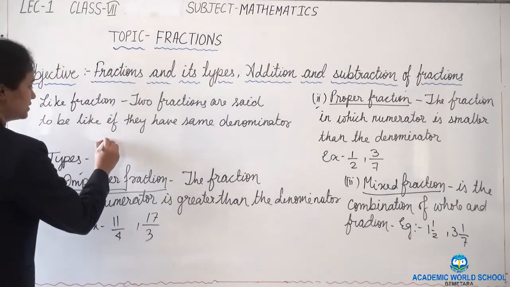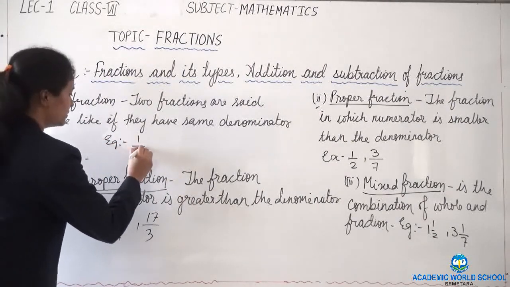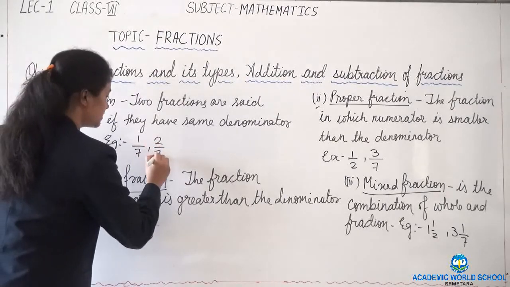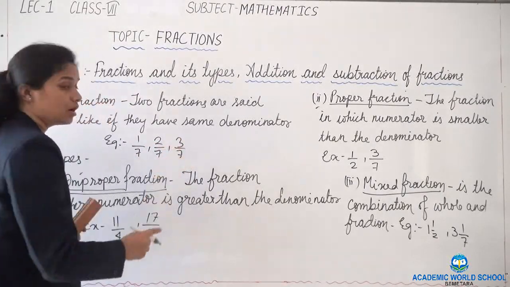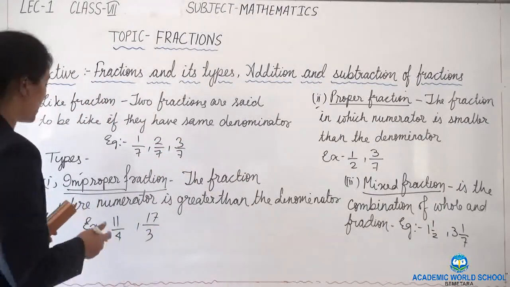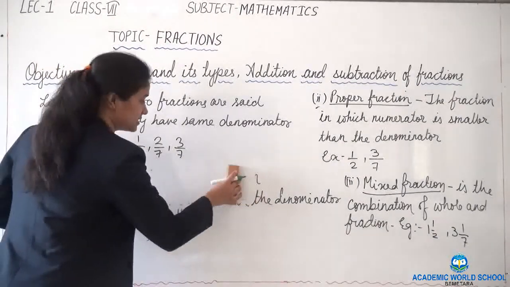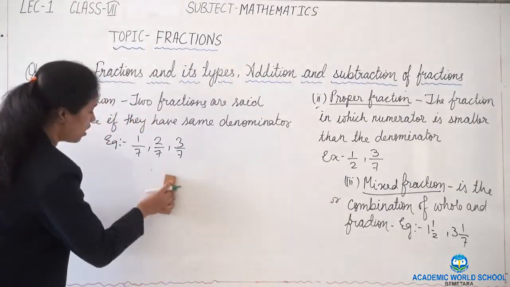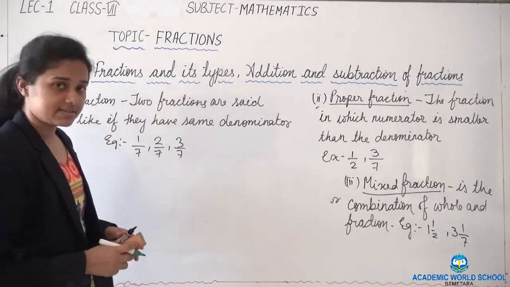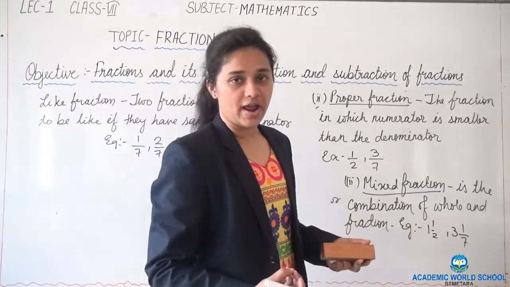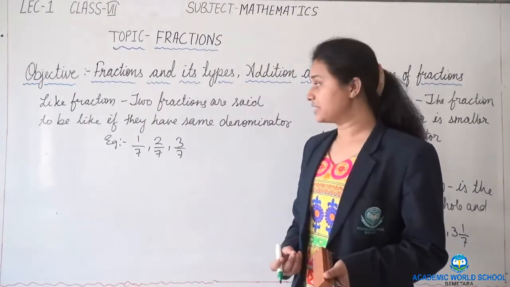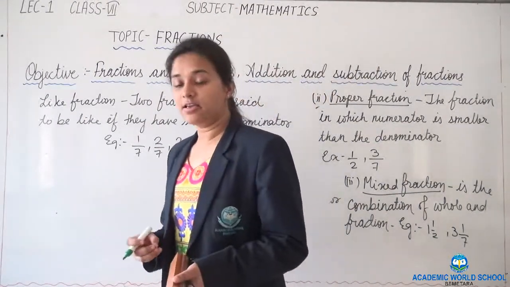For example, 1 by 7, 2 by 7, 3 by 7, all these are like fractions. Why they are like fractions? Because their denominators are same. They are all having denominator 7. So whenever two fractions are having same denominator, we say it as like fraction.